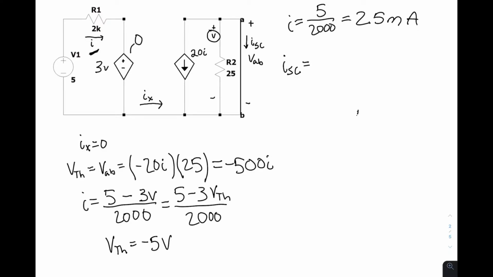Therefore, you're going to have negative 20I from the dependent source. It's going to be the only thing going through the short circuit. So if we plug in I into this formula, ISC is going to equal negative 20 times 2.5 milliamps, which is equal to negative 50 milliamps.